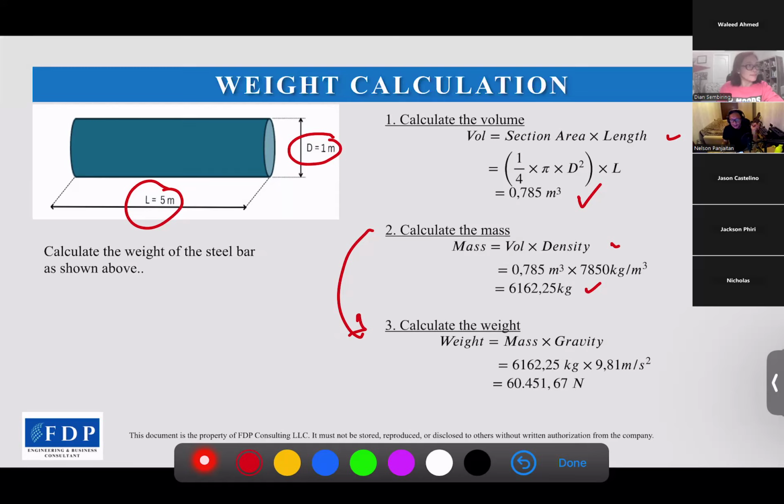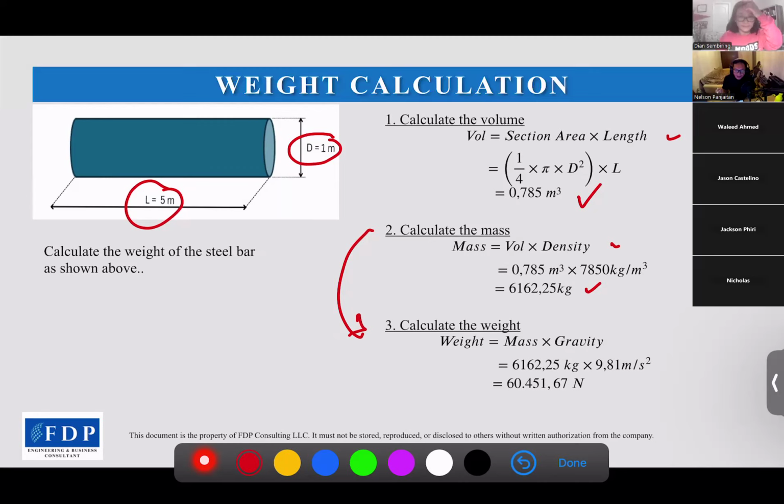So we should separate the mass and the weight. The mass is scalar units and the weight is vector units. So in our calculation for lifting engineering, we always use the weight. For example, because weight is a vector unit, then it has a direction of the forces.